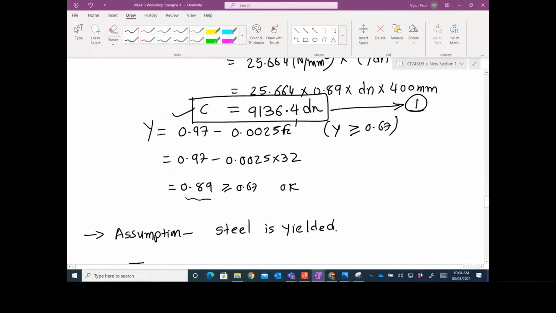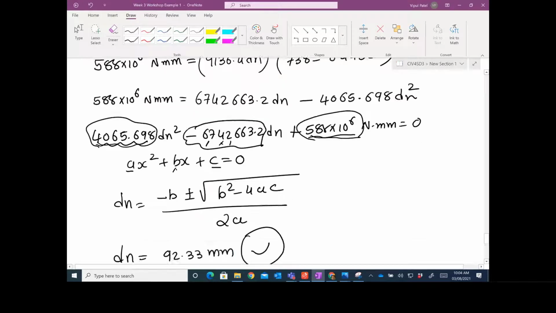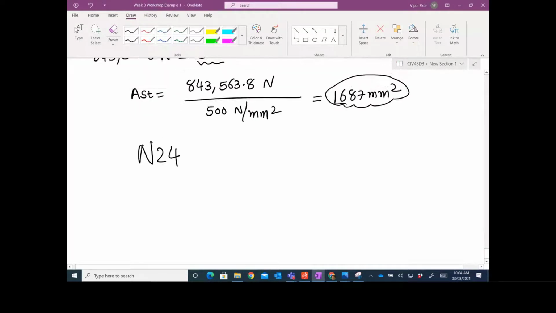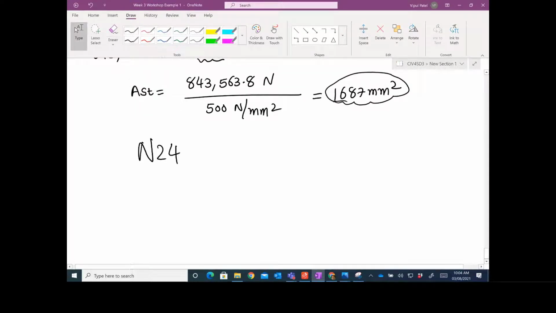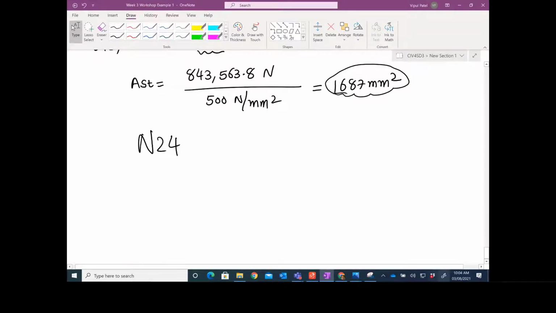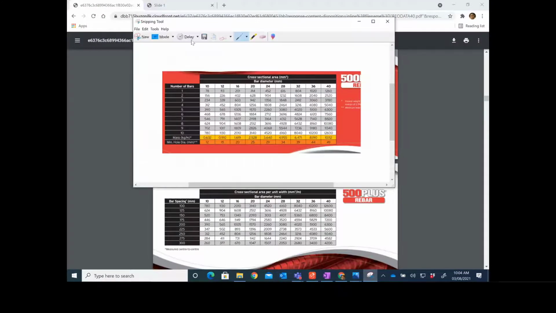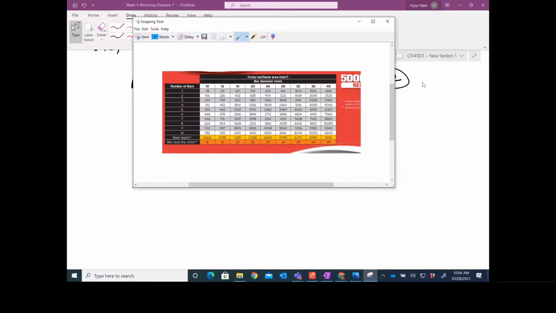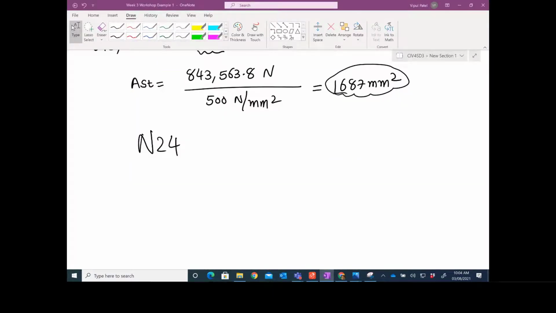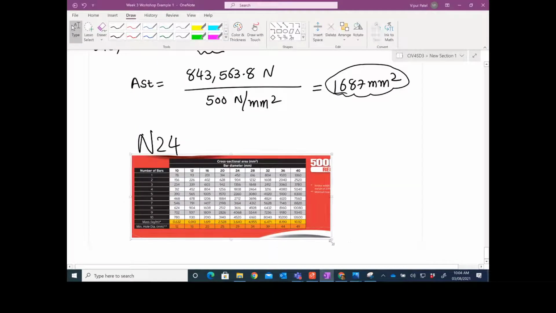Okay, that's fine. So N24, and we have an area of 1687. Let me copy these tables which we have here. Yes, here you go, copy, and then paste it here.